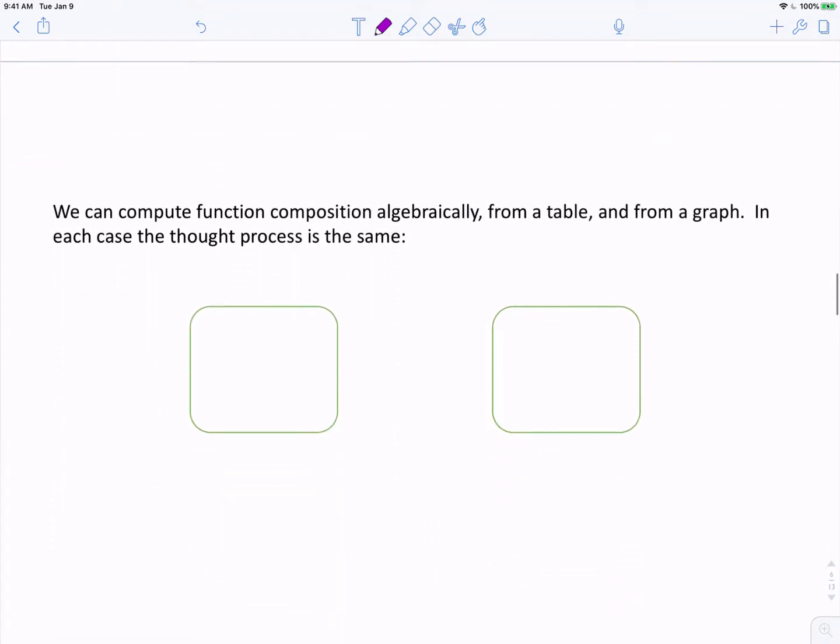So we can compute function composition algebraically, from a table, or from a graph. In each case, the thought process is the same. You're going to apply the first function, and then you're going to apply a second function, and then you're going to get an output.